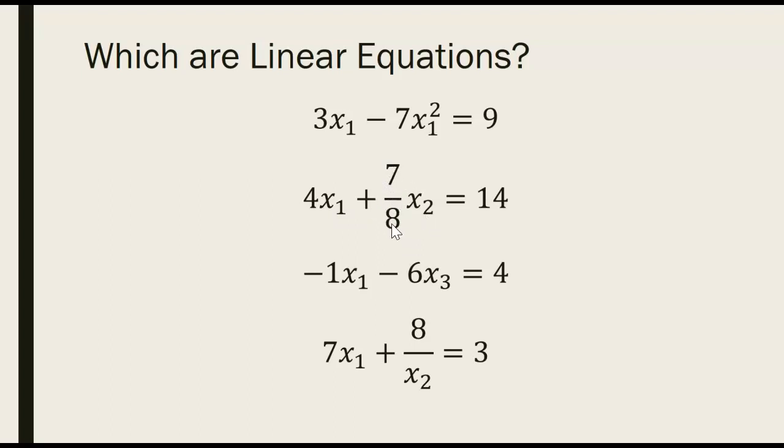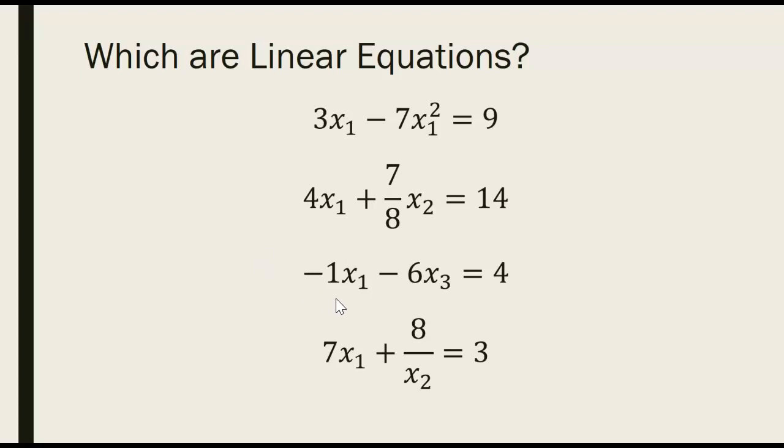Our coefficients are real numbers. x1 and x2 are both to the first power. We have an actual equation, and therefore this one is, in fact, a linear equation. So the first one is not, because we had a squared term. The second one is a linear equation. Everything's to the first power.